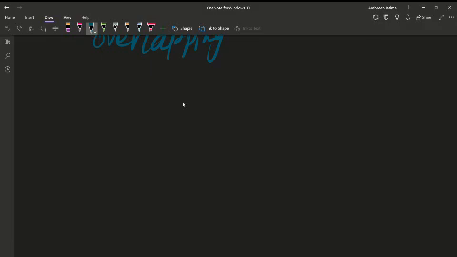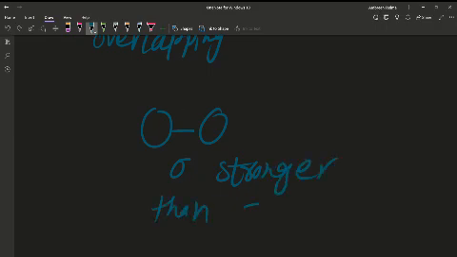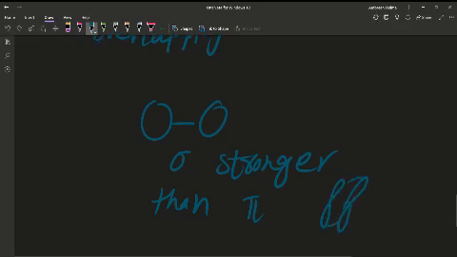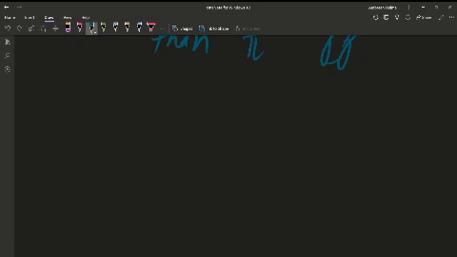So the sigma bond, because it is formed by nucleus to nucleus interaction, is stronger than the pi bond, which is formed by side overlapping, okay.